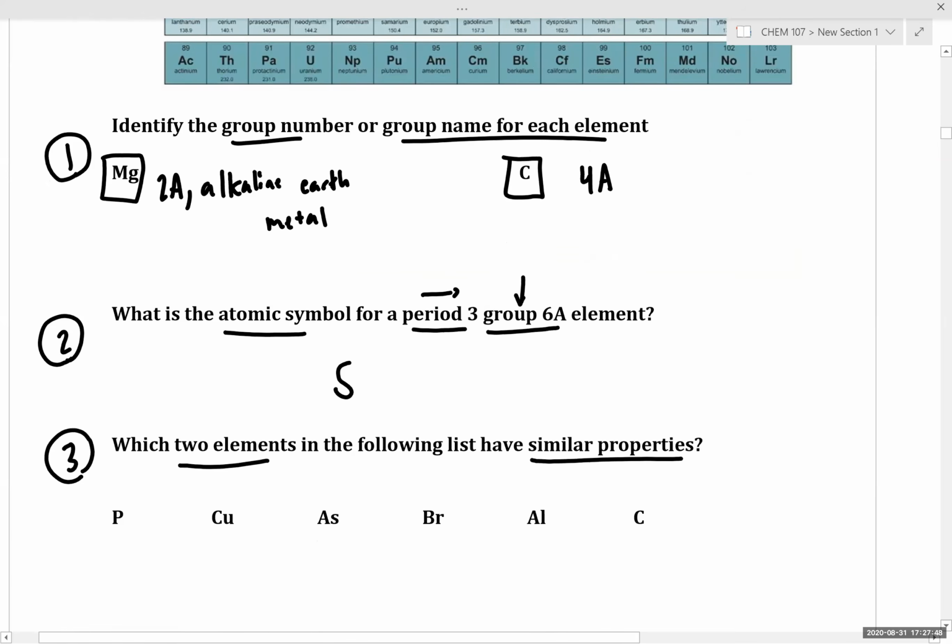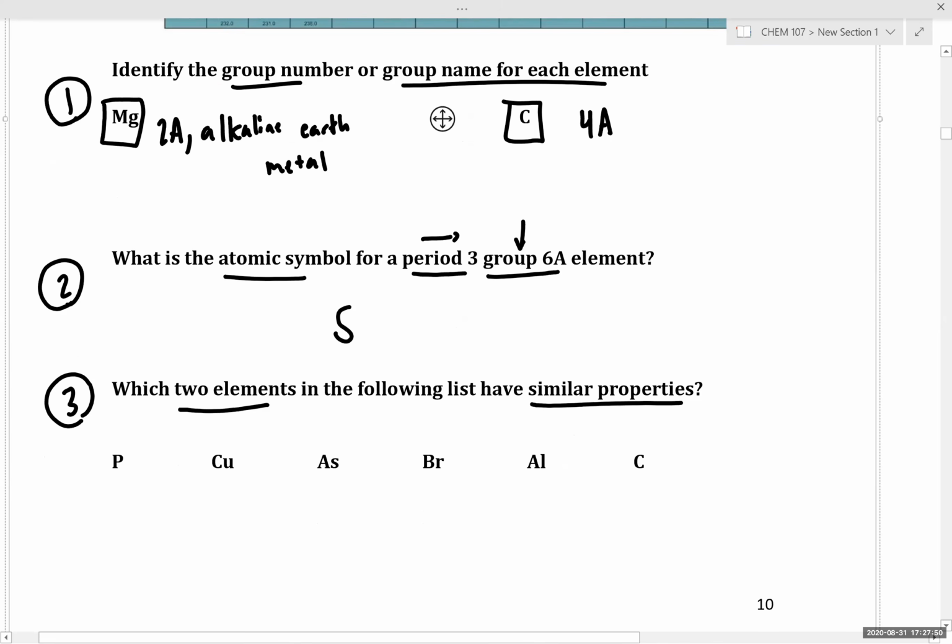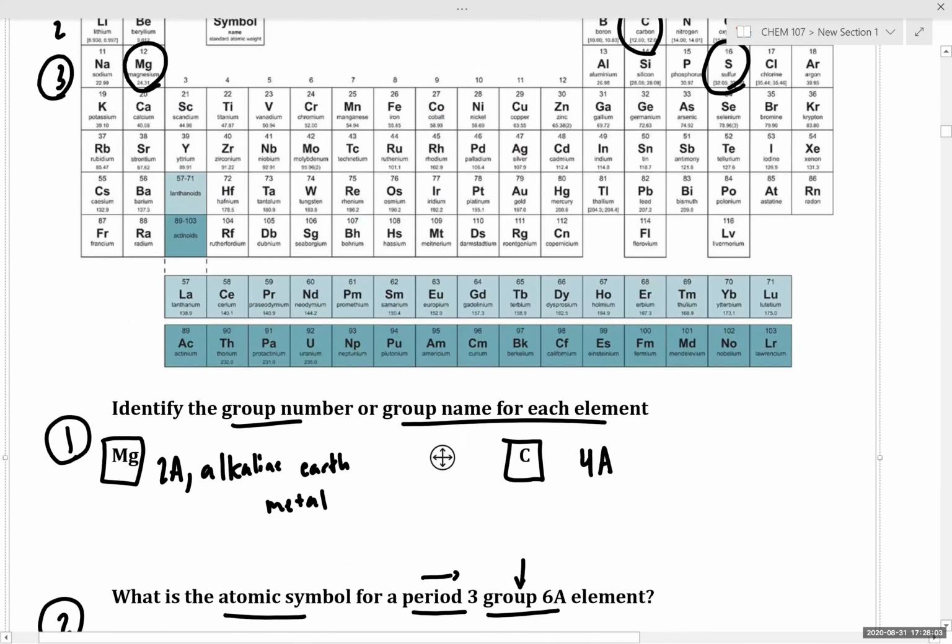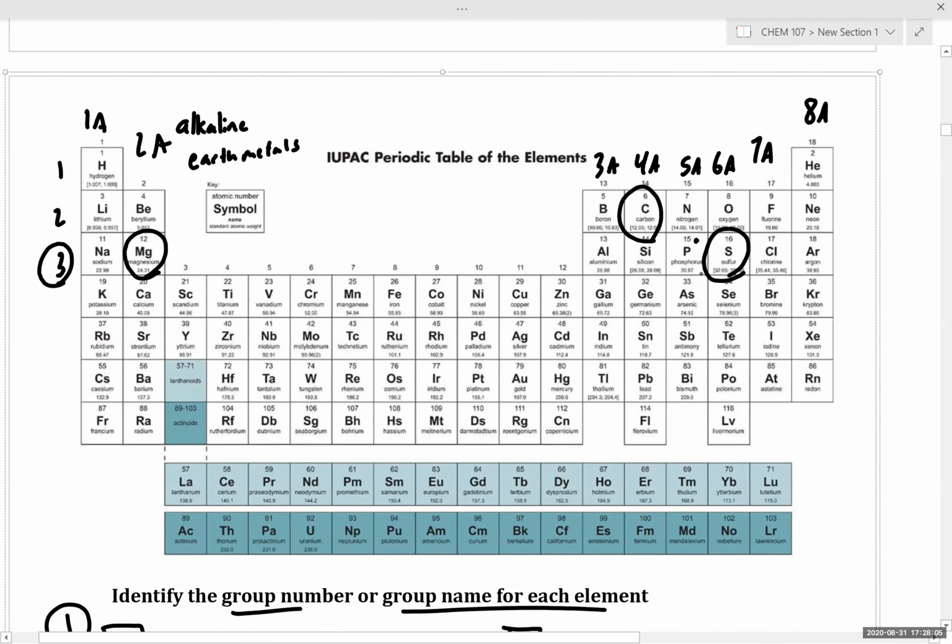Okay, continuing on. We're asked to find which of the following two elements have similar properties. And immediately, from my experience, my eye gravitates towards phosphorus and arsenic. Why? If we look at phosphorus and arsenic, are phosphorus and arsenic found in the same group? Are they found in the same column of the periodic table?